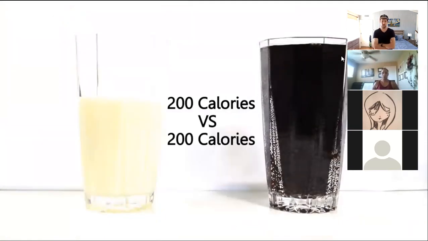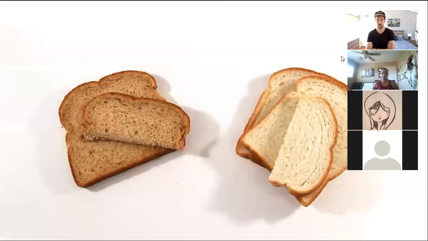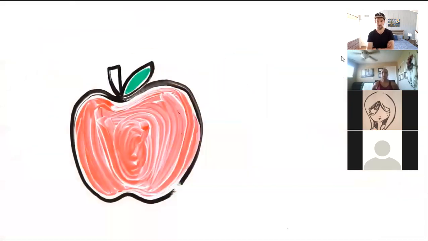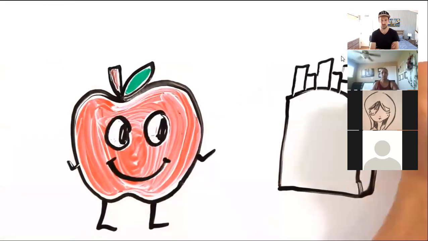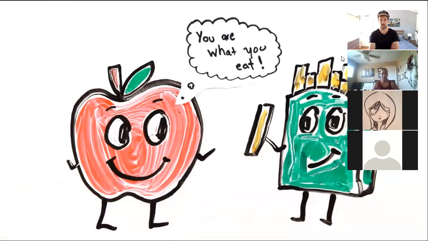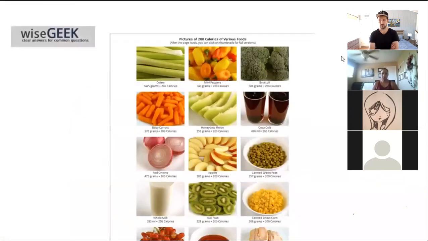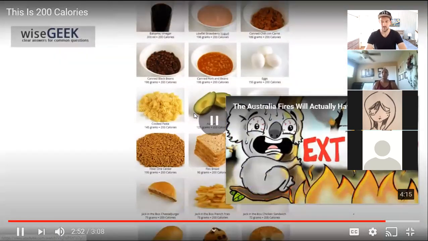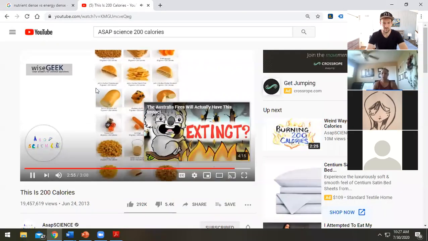While it's true that the Coke contains fewer calories per liter, you can't forget that milk contains many nutrients and healthy fats. Or like brown bread versus white bread. Yes, whole wheat bread often contains more calories per slice, but it also contains more nutrients and fiber. So counting calories isn't the be-all and end-all, but thinking about what goes into your body is bound to make a difference. At the end of the day, eat a healthy and balanced diet. And if you'd like to see even more 200-calorie examples, check out the Wise Geek post we've linked in the description, which puts even more food into perspective.